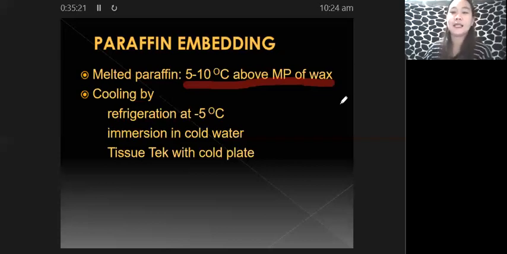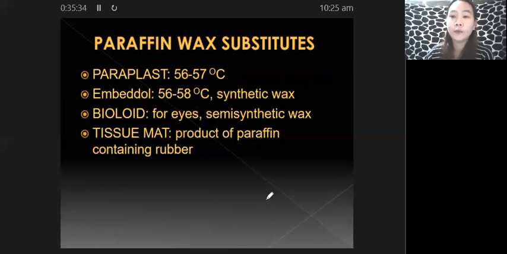Okay? Yes. Ayan. So, in the laboratory and in certain instances, your paraffin wax might not be available. So, there is a group of waxes which we refer to as your paraffin wax substitutes.